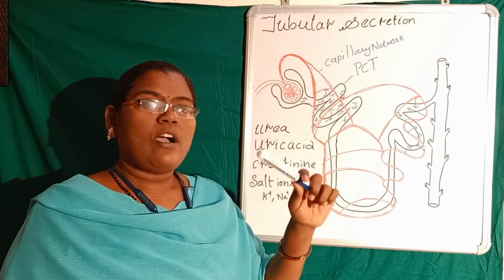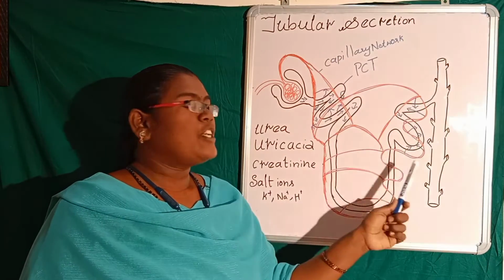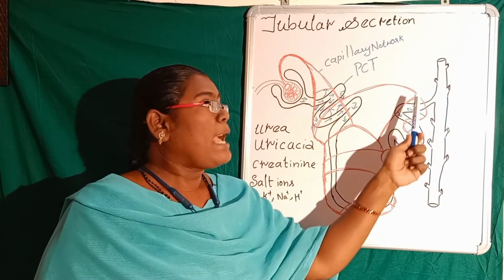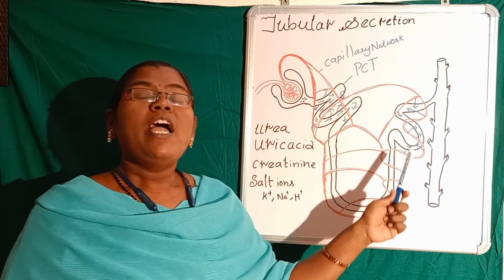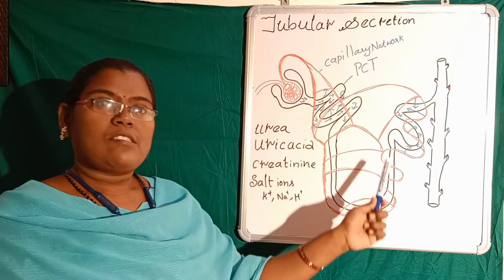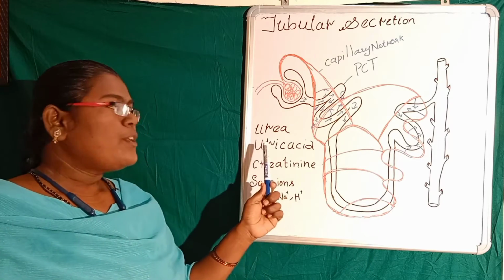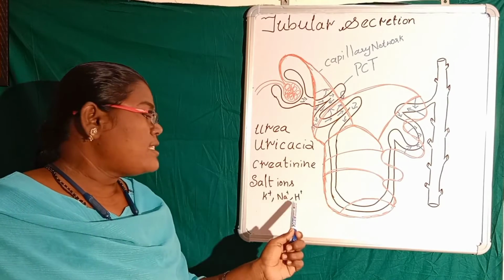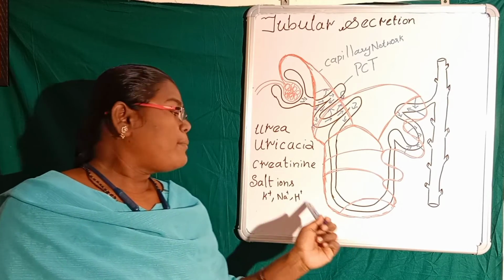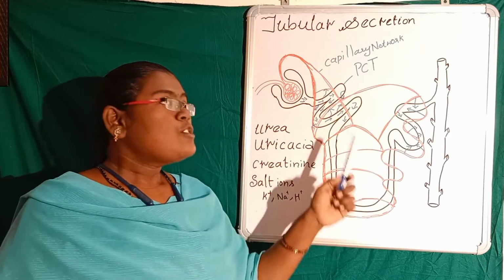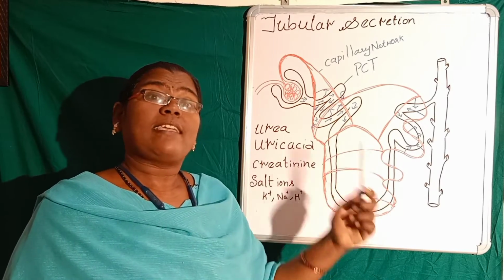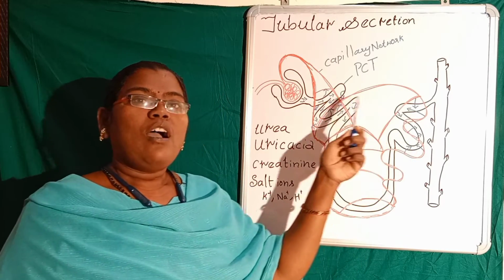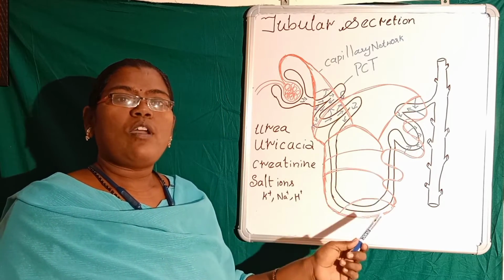Here you observe that tubular secretion takes place from capillaries to renal tubule. The components secreted are urea, uric acid, creatinine, and excess salts like potassium, sodium, and hydrogen ions. These components are secreted into the nephron.